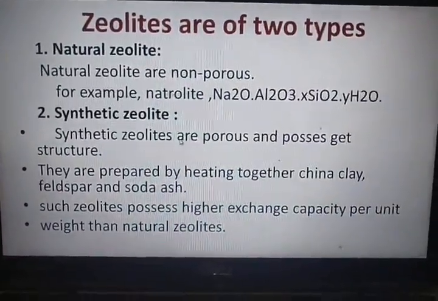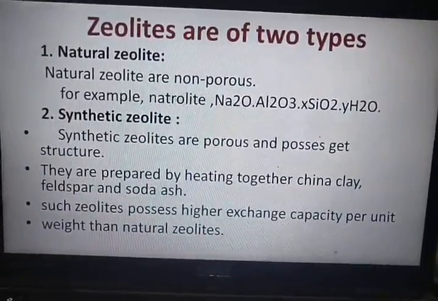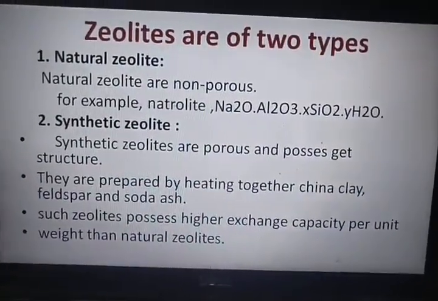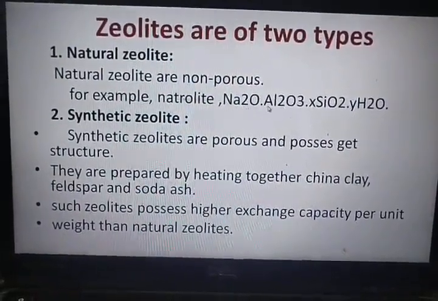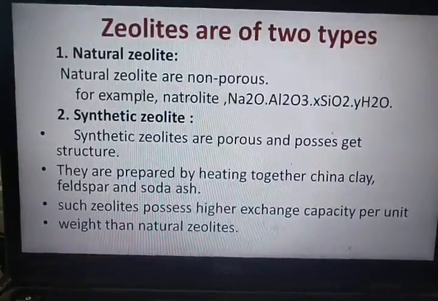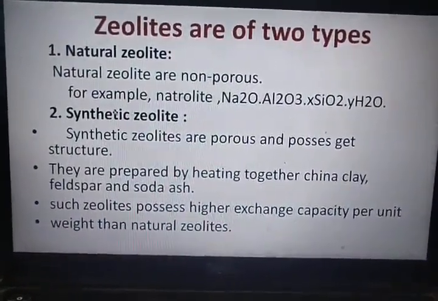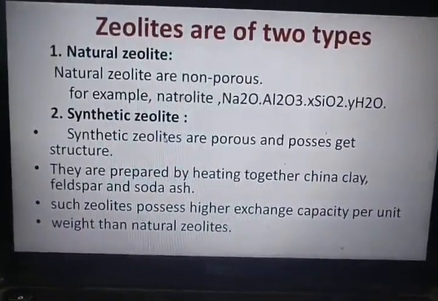There are two types of zeolites, natural zeolite and synthetic zeolite. Natural zeolites are non-porous, for example natrolite, that is Na2O.Al2O3.SiO2.H2O. So this is an example of natural zeolite. Then we also have some synthetic zeolites available commercially.